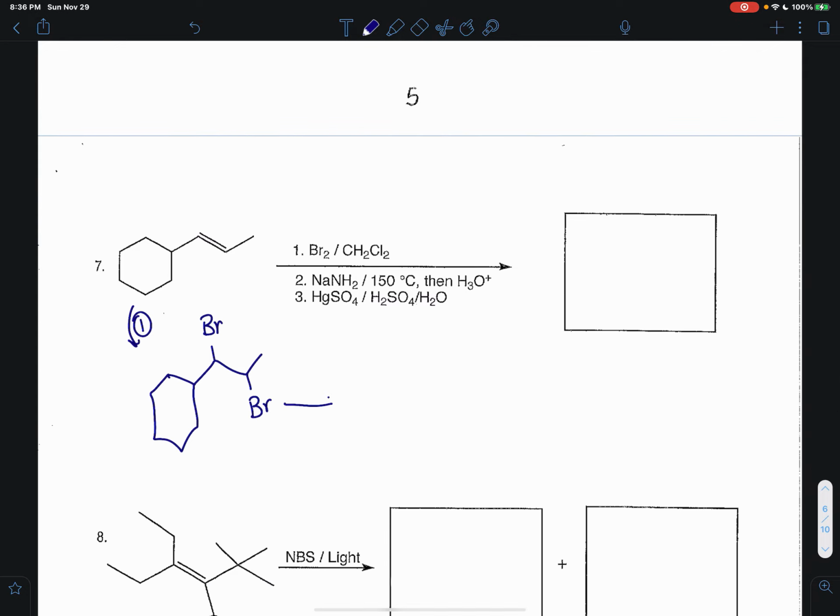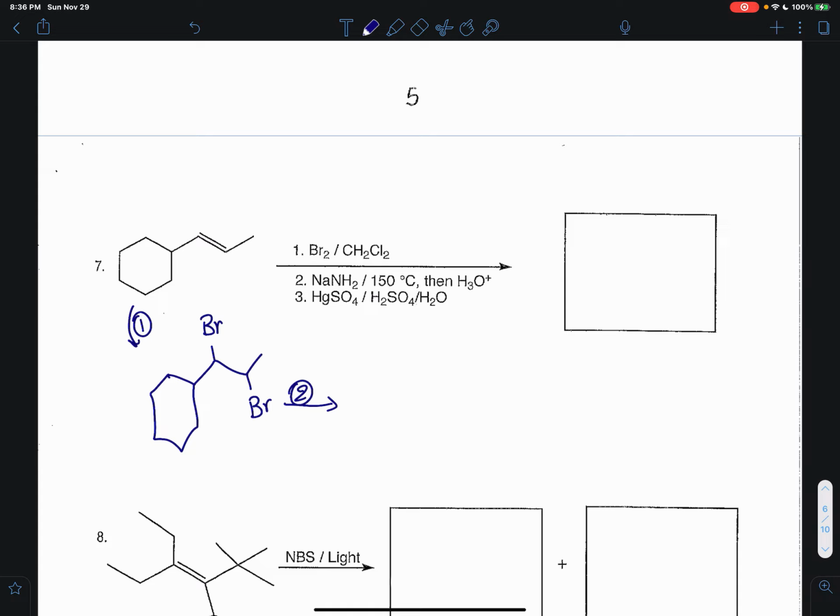So the second reaction that we will talk about in a little bit is NaNH2 at 150 degrees Celsius. There are two types of reactions that can go from a vicinal or a geminal halide to a triple bond.